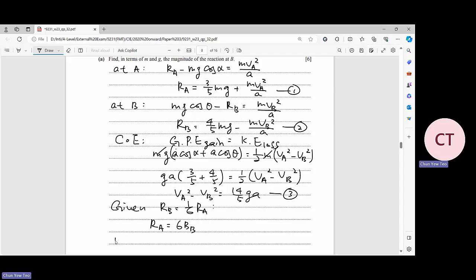So from equation 1 and 2, you have 3 over 5 mg plus the mVA square over a is equal to 24 over 5 mg minus the 6 mVB square over the a.